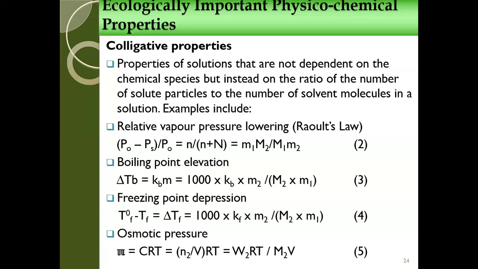Now, very quickly, let us calculate for osmotic pressure. I told you that osmotic pressure is the pressure that is needed to prevent the free flow of solvent through what? The permeable membrane. And it's given by that.